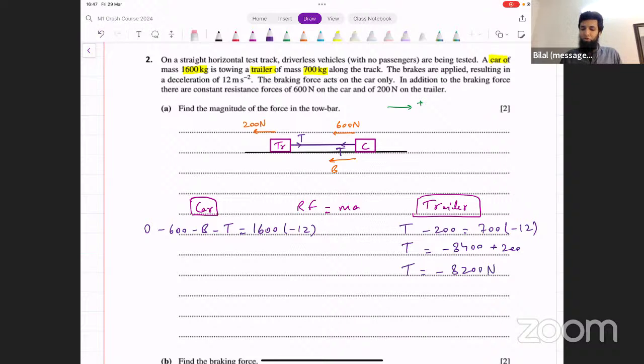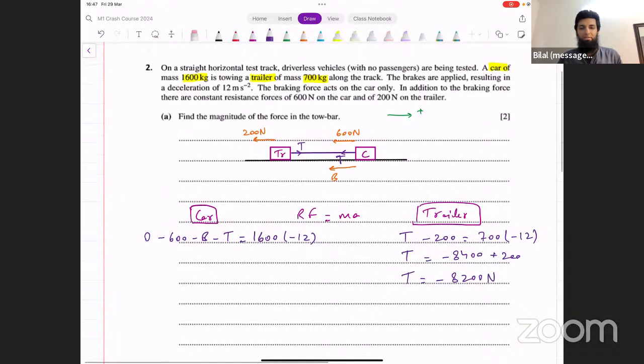Now, the point of showing this question to you was that you can sometimes get a negative value for tension when you use the methods that we have learned. And that's perfectly okay. This is exactly how you would do it. What's happening is we took the direction of tension like this, that it acts away from the car and towards the tow bar.